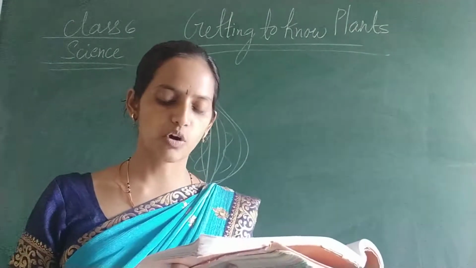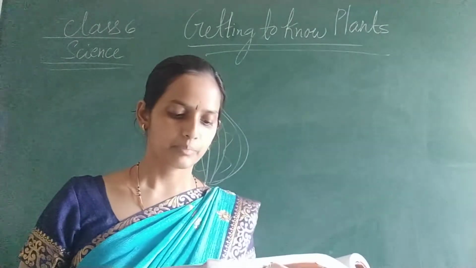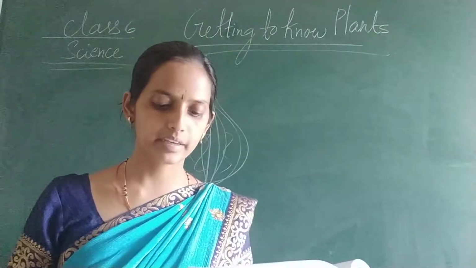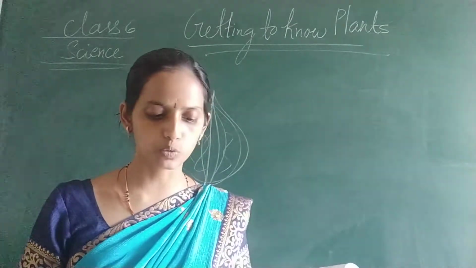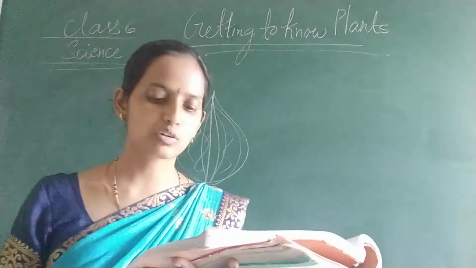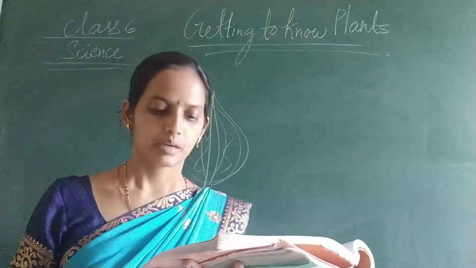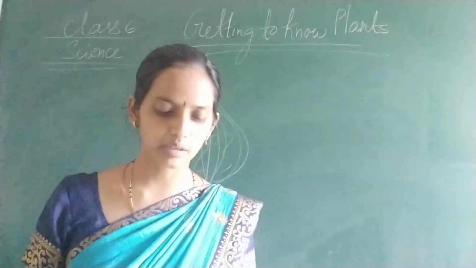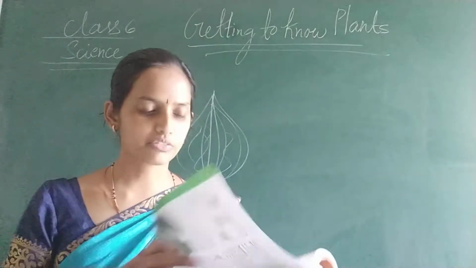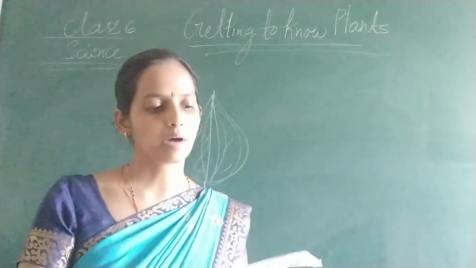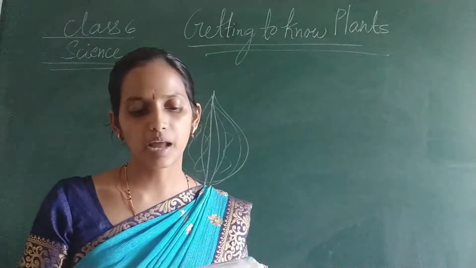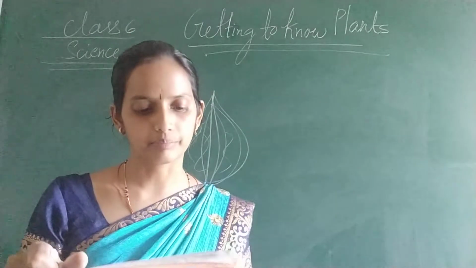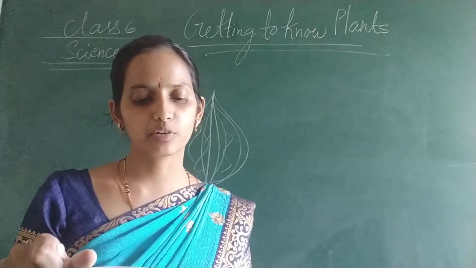Select 2 plants of the same kind from the open ground and dig them out with the roots. Take care that their roots do not break. Plant one of them in pot A, cut off the root from the other plant and plant it in pot B. Water them regularly.